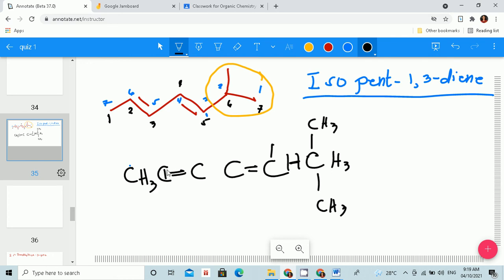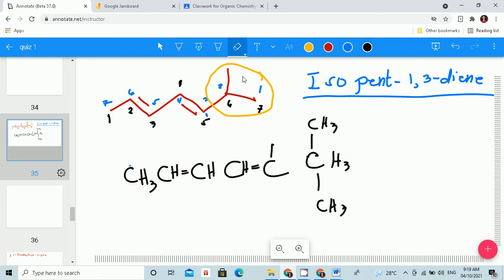This one is H. Okay, we have H, double bond, H. Then we have here also an H. Okay.